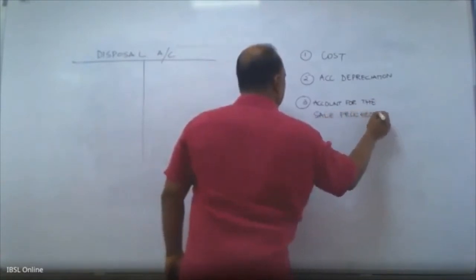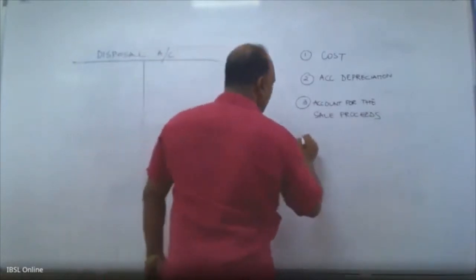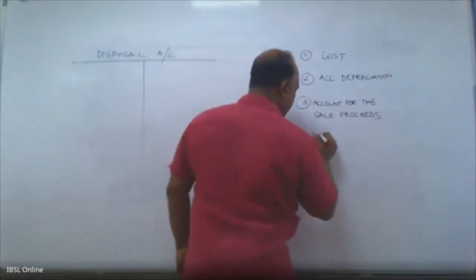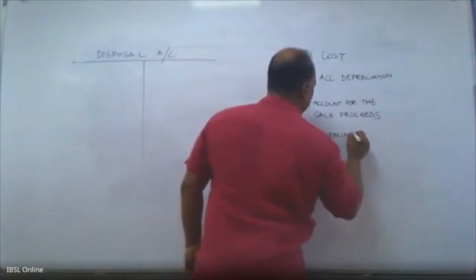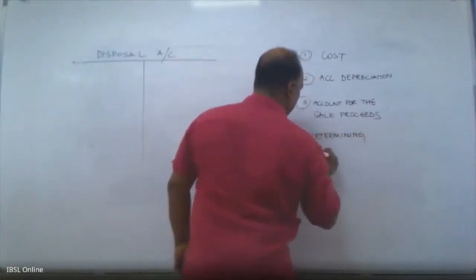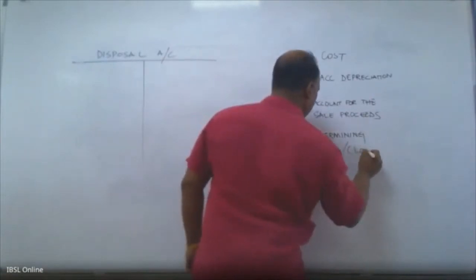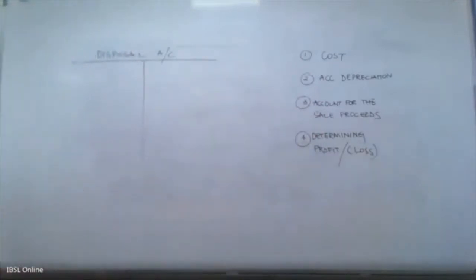These are the 3 important steps. Once you have done these 3 steps, the 4th one will be determining profit or loss. Because when you are selling this asset, you will have to have a profit or loss. So that is what the last step.